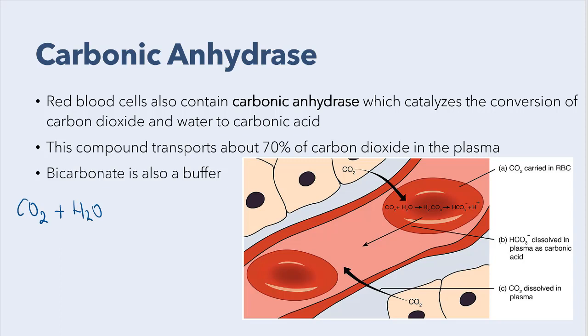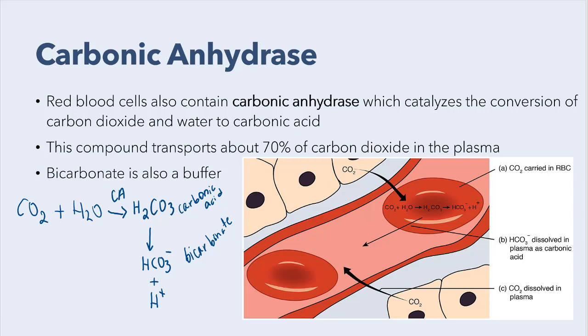So CO2 and water are combined through this enzyme to give us carbonic acid, and carbonic acid will dissociate into H+ and bicarbonate in the plasma. Recall that bicarbonate also serves as a buffer in the blood.